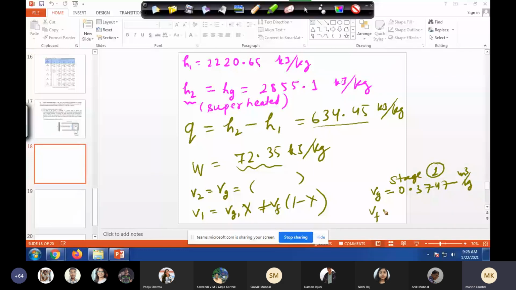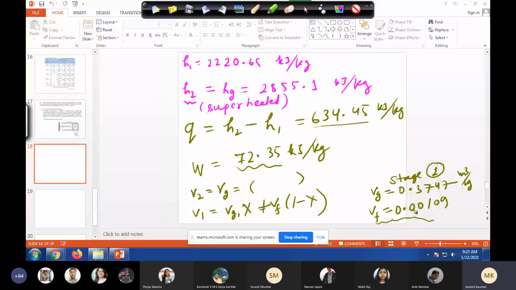And Vf, as you can expect, the fluid volume will be very small as compared to the vapor. It's 0.001. This much is enough. Okay, if you want one more point, 0.09. So, shall we quickly calculate V1? And Pooja, you tell me what is V2 from the superheated steam table? Yes, sir, I'm checking. Yeah, go to the superheated steam table. There you go to 5 bar and 200 degrees Celsius.